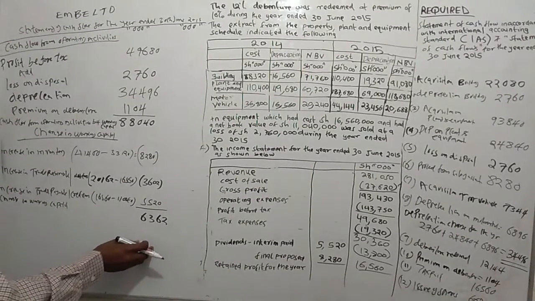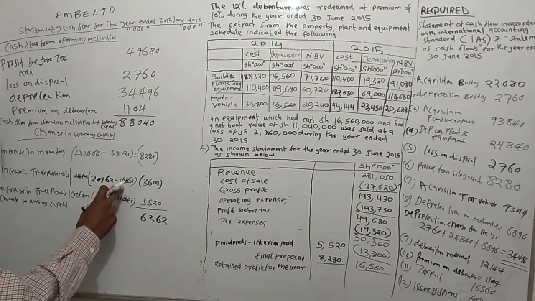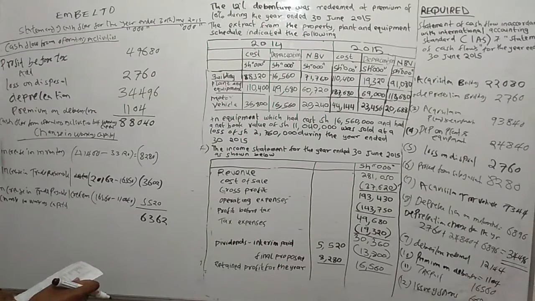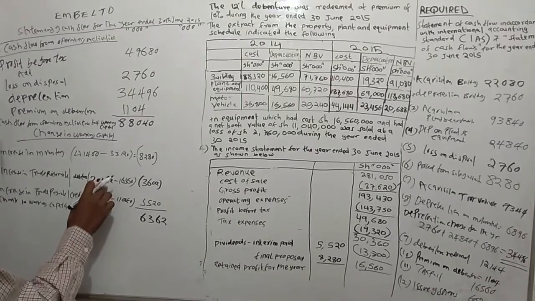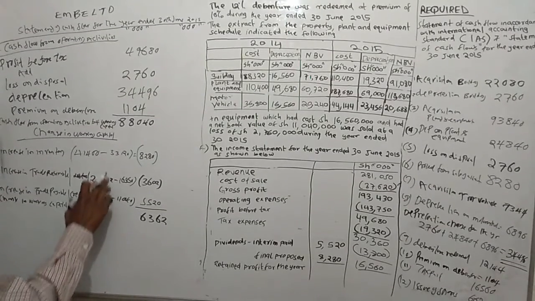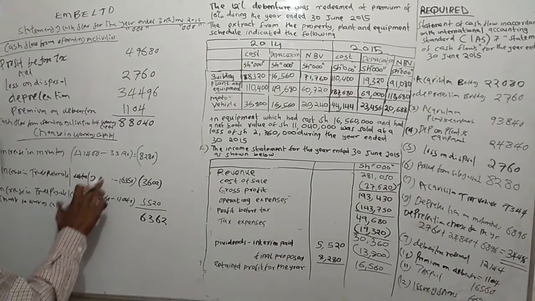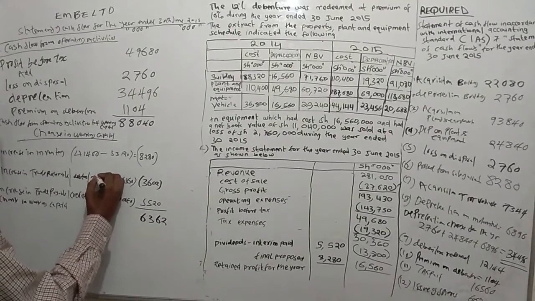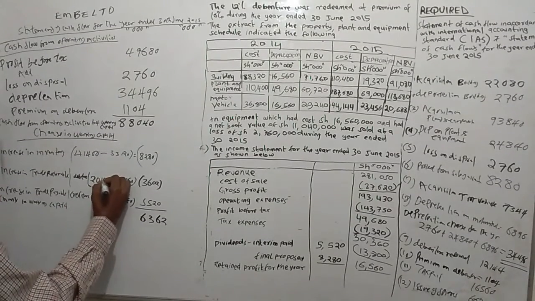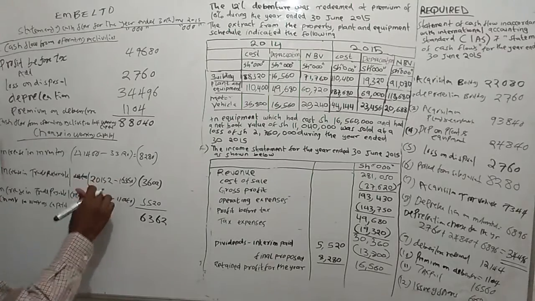Before that, there is a correction here in the trade receivable. The amount is 20,152, not 20,162. I hope you correct it. I confused it.